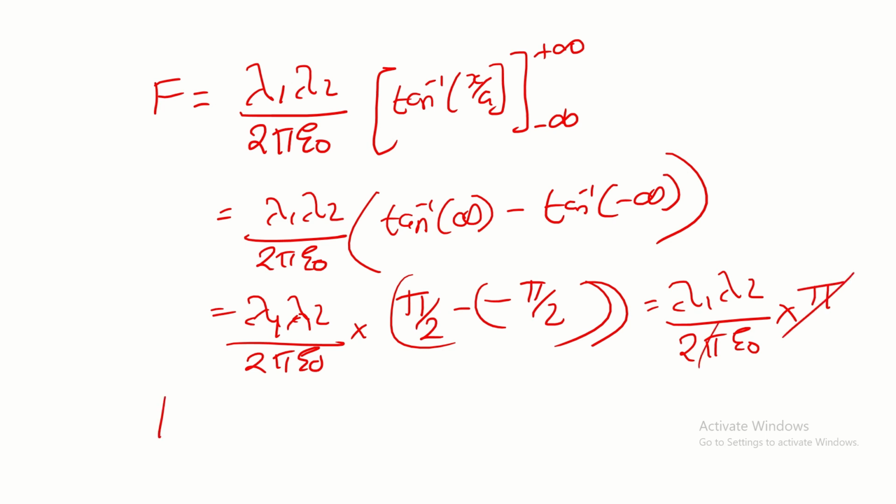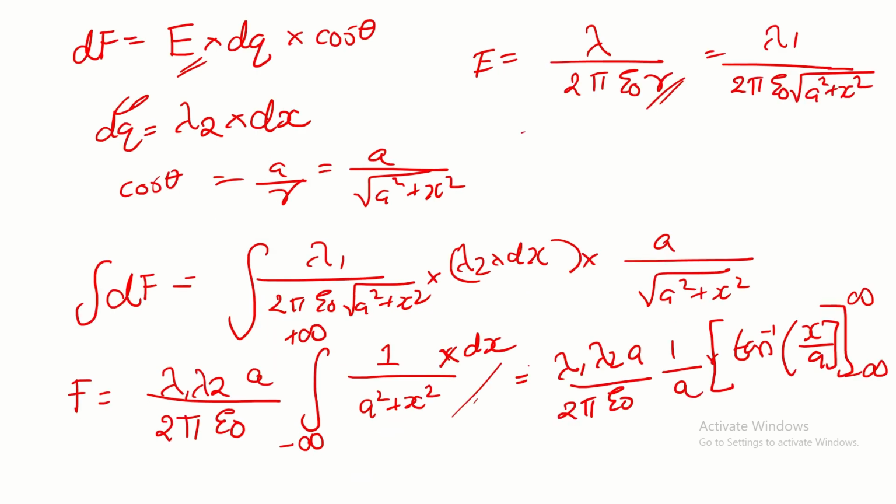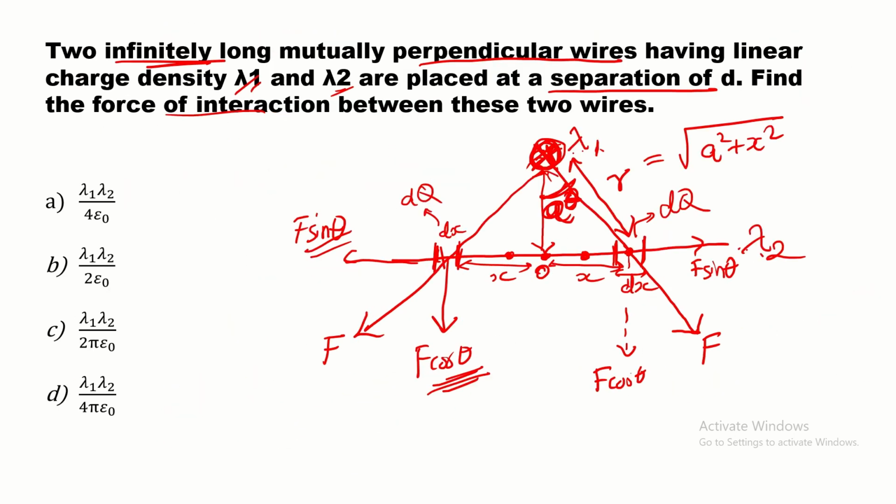Pi will cancel each other. So F, the force of interaction, would be lambda 1 lambda 2 by 2 epsilon naught, and if we check the other way also, we will get the same answer. So if we look at the options, option B, lambda 1 lambda 2 by 2 epsilon naught, is the correct answer for this question.